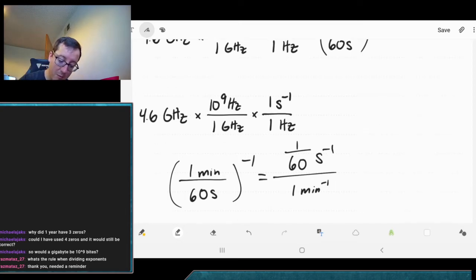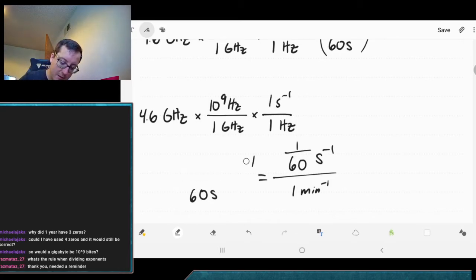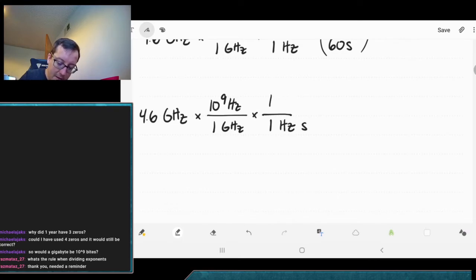So what we might want to do is be like, okay, I know 1 second to the -1 power is the same thing as putting that second down here. You just move it down.